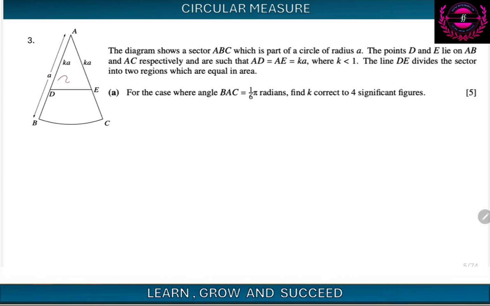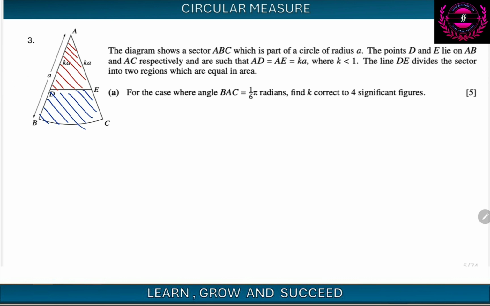So the area of this triangle and the area of this region are the same. For the case where angle BAC is pi by 6 radians, find the value of K correct to 4 significant figures.